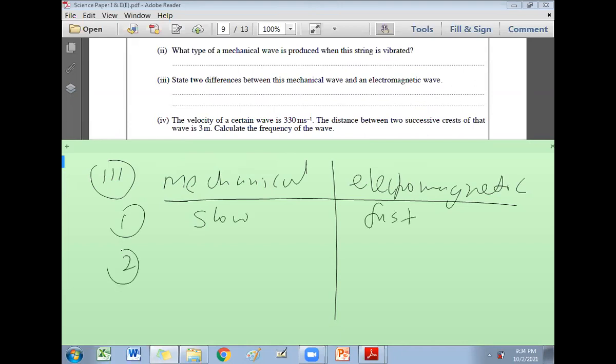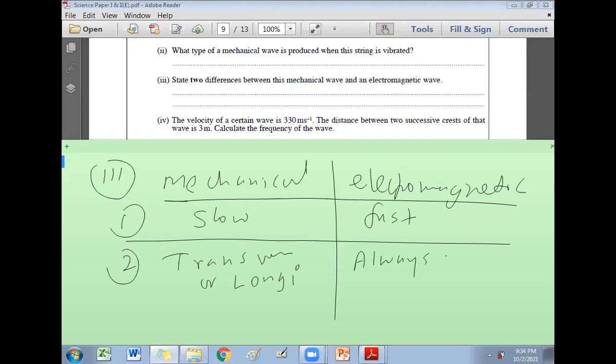Second difference you can write, mechanical waves can be transverse or longitudinal. I put just trans and longi. This side you can write always transverse. Electromagnetic waves are always transverse. I put just trans.